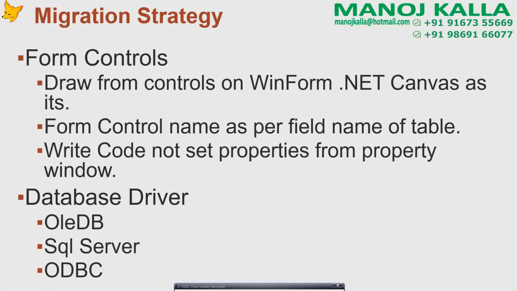Now second is the migration strategy. Draw the form controls on the WinForm step by step, as I said previously, and name the form controls as per the field names of the table. Why am I writing this?